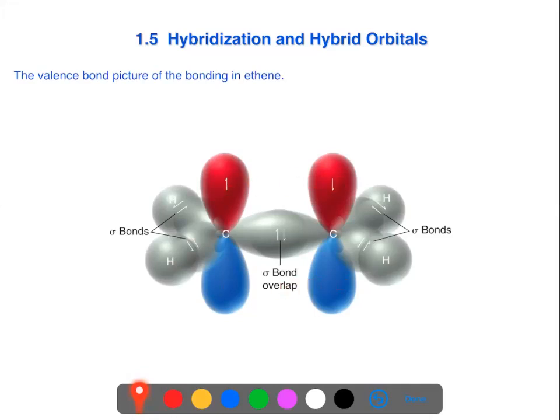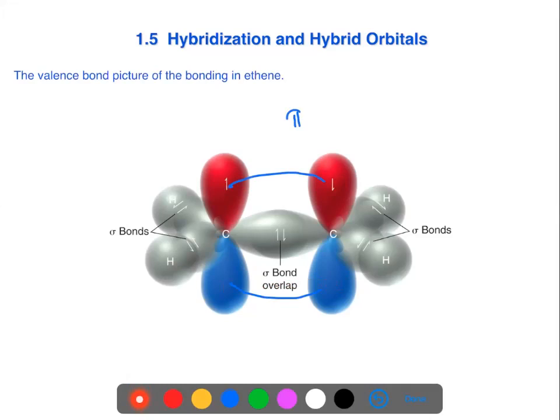It's not being shown here in this diagram, but typically we'll draw a line between the lobes to represent that there's overlap or interaction between those two p orbitals. And that interaction between two p orbitals is referred to as a pi bond. And we usually give it the symbol pi.